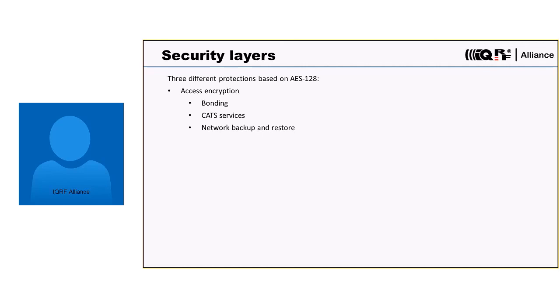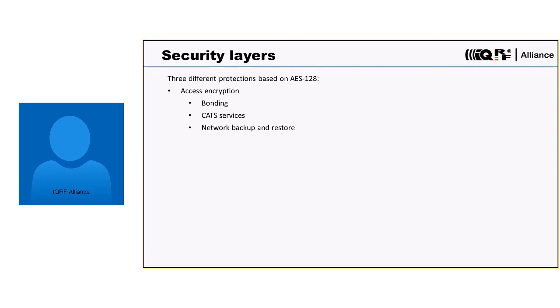For example, for the backup and restore, you do the backup of your network, and you can take any module from your stock and do the restore. With the restore, you need to know the access password, and then you can actually restore a coordinator or any node in the network.